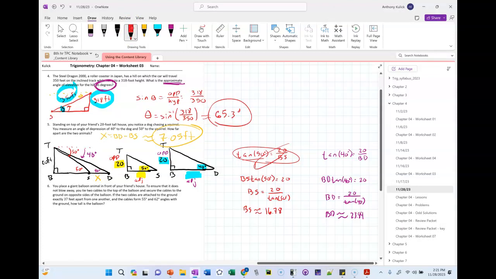All angles of depression or angles of elevation are going to be from a horizontal to the line of sight. A depression is from the upper horizontal down, like the arrow's going down for a depression. And for elevation, they're going up.